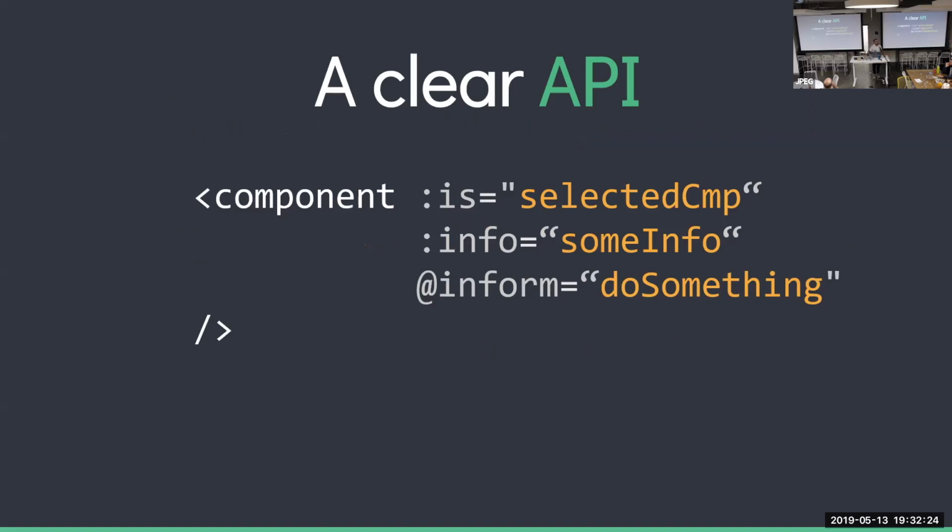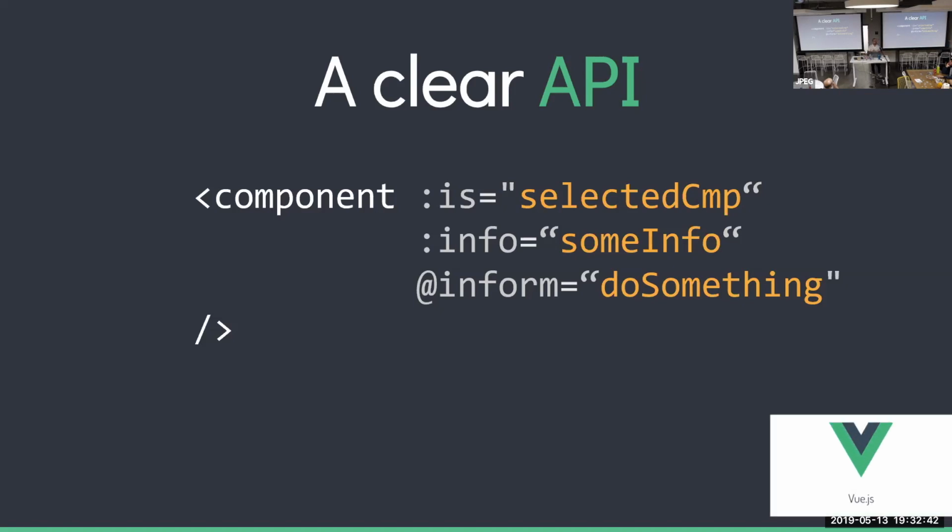When I work with dynamic components, we need to understand that they need to have a clear API. All the components that I switch will need to have the same API, because if I use a component and then switch it with another component, it should have the same inputs and the same outputs, otherwise it's not going to work.